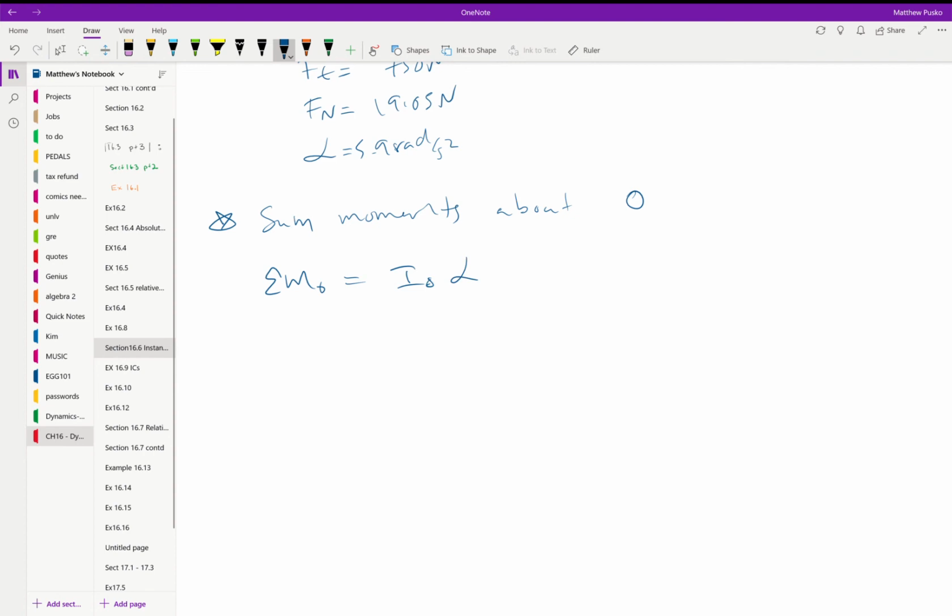So our I about O just changed. We still have the negative 60 Newton meters. That was the applied moment. 1.5 times the weight was another moment.